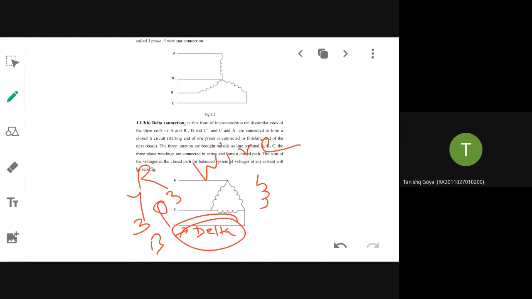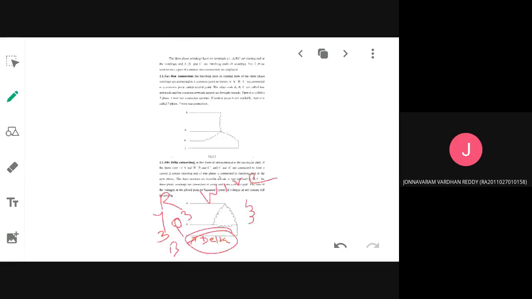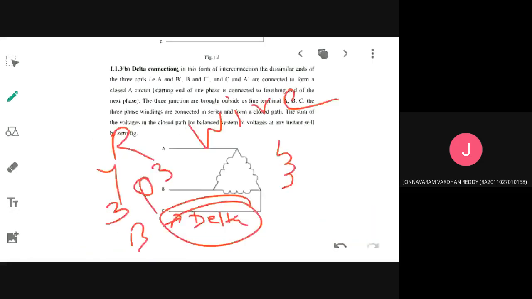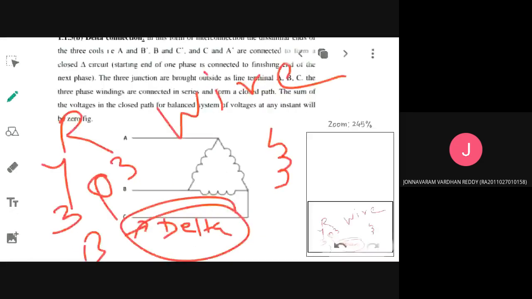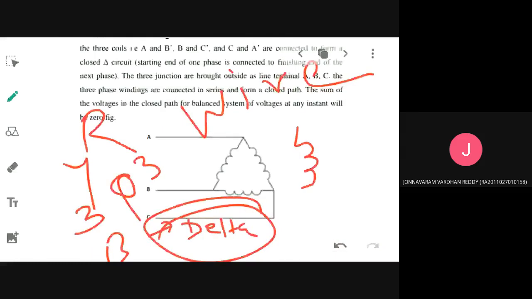Ma'am, in delta connection, the coils are not at a 120-degree phase difference. Yeah, it's 120 degrees only. It will work out fine.